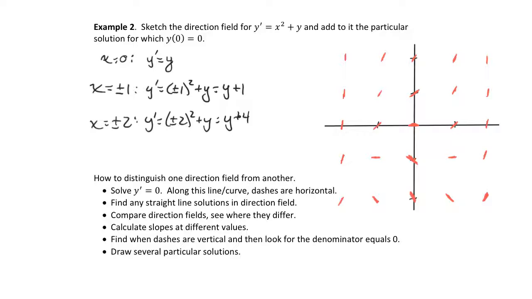Okay, so this is a little bit hard to see the pattern here, and I always struggle with this next part, but I manage. So I'm supposed to now add the particular solution when y of 0 is equal to 0. So I'm going to plot that point, and then move a little bit away from that point as I draw it.